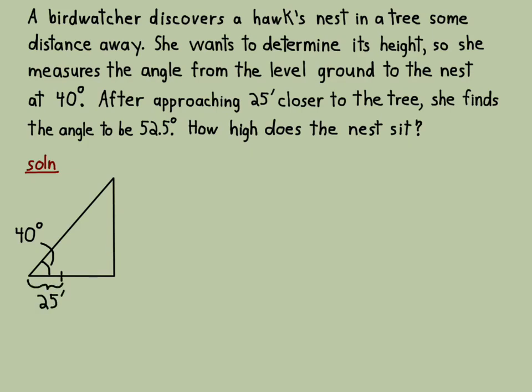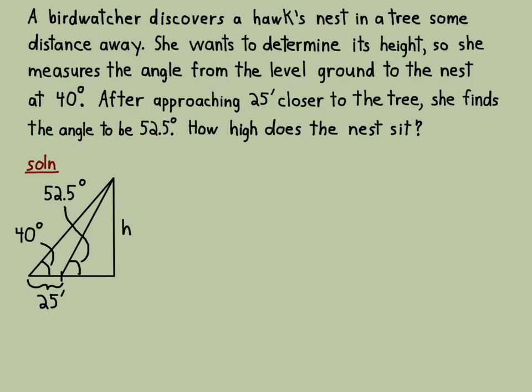So that is 25 feet. Then that gives you 52.5 degrees. And now it's asking you for the height. So you're probably not going to be able to do this with just one formula, just instantly get the thing. So it looks like a two-part problem.